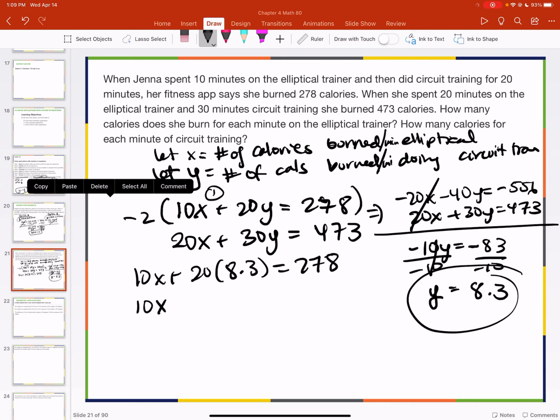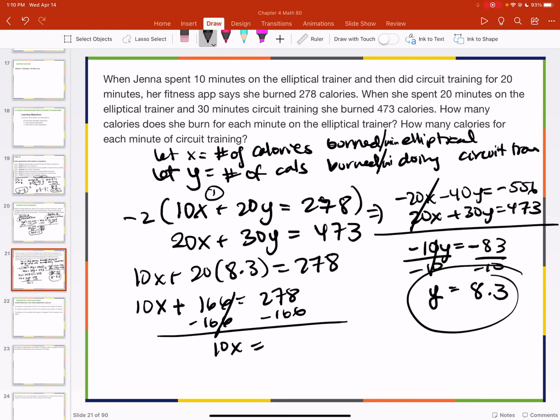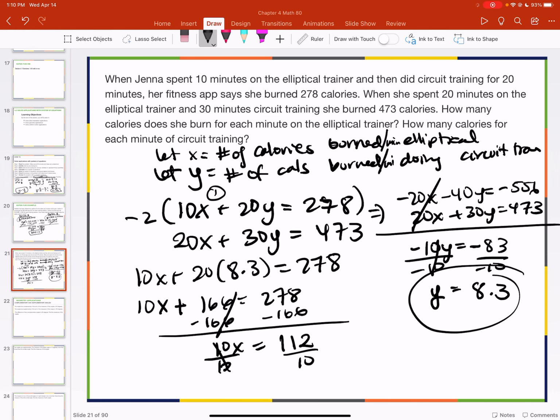Okay, 10x plus 166 equals 278. Subtract both sides by 166. We get 10x is equal to 112. Divide by 10, and then x is 11.2.